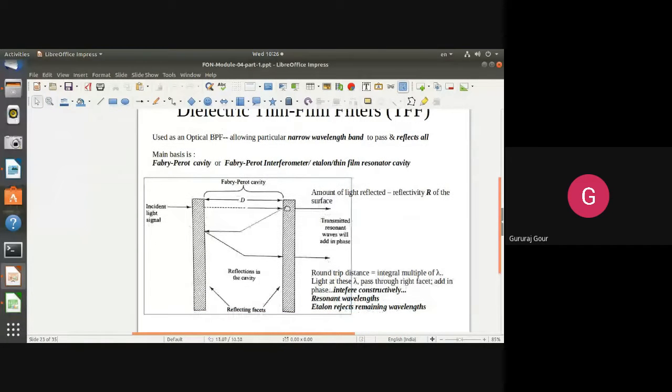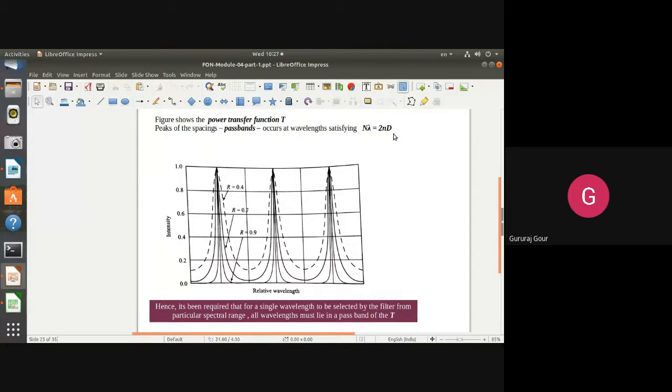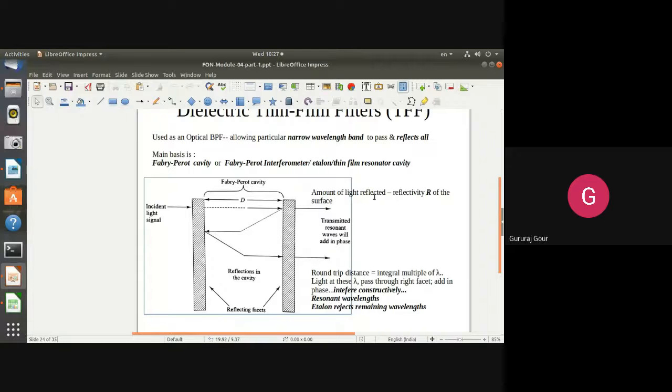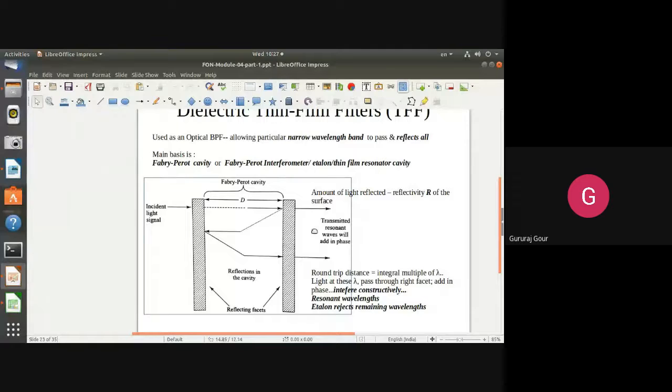It is selectively choosing the wavelengths which are falling at integer multiples of half wavelength. Other wavelengths are rejected. So that's what is happening.